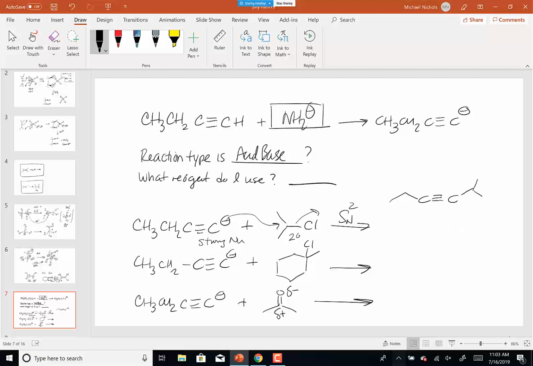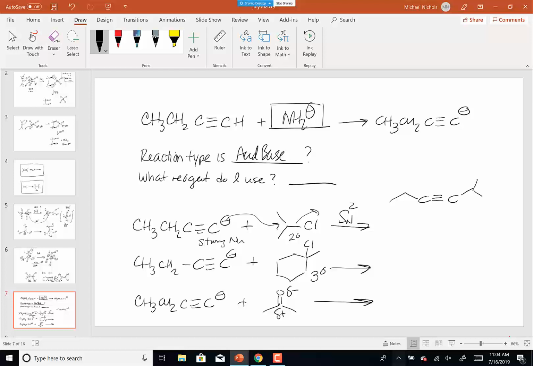So that's SN2. So the critical part here is that the triple bond is both a strong nucleophile and a strong base, particularly if you're considering that it took an NH2 minus to deprotonate it to make that C minus. So now I have a strong nucleophile that wants to react with this tertiary halide.